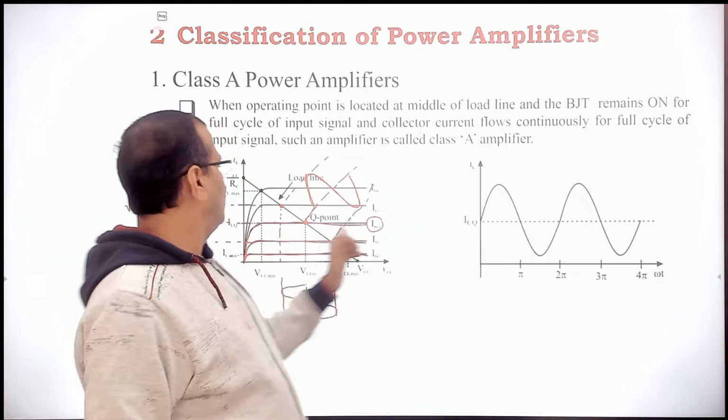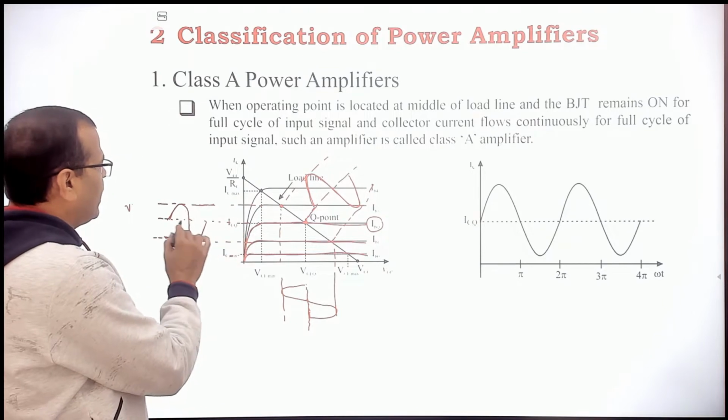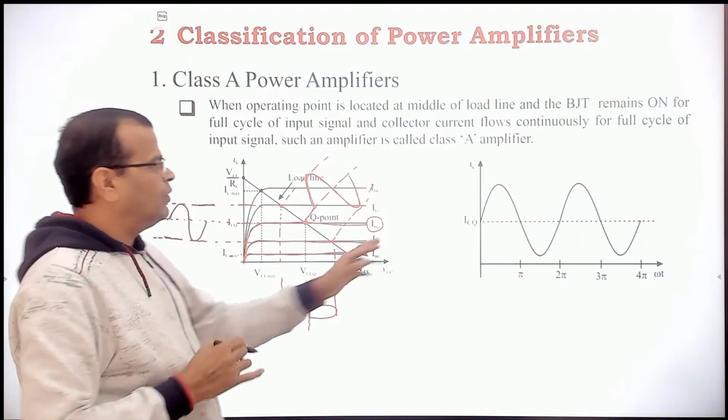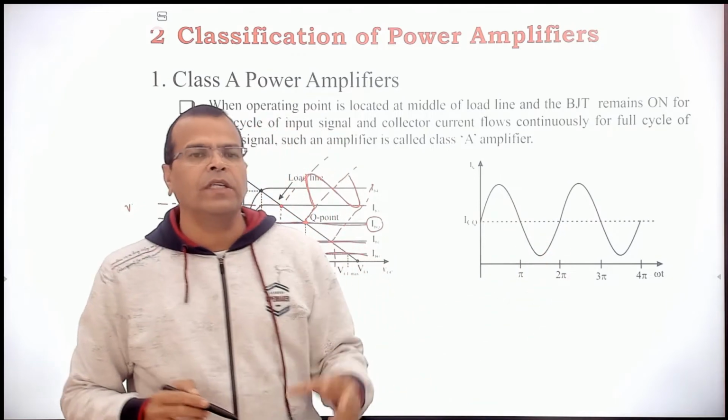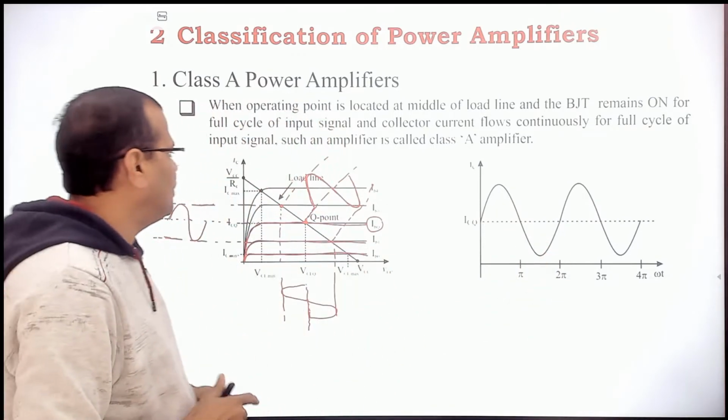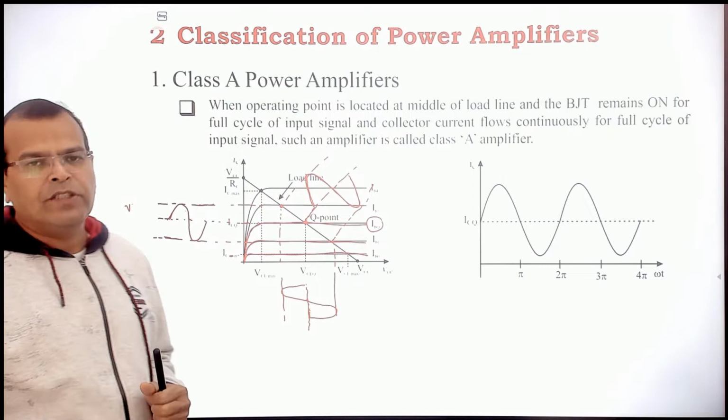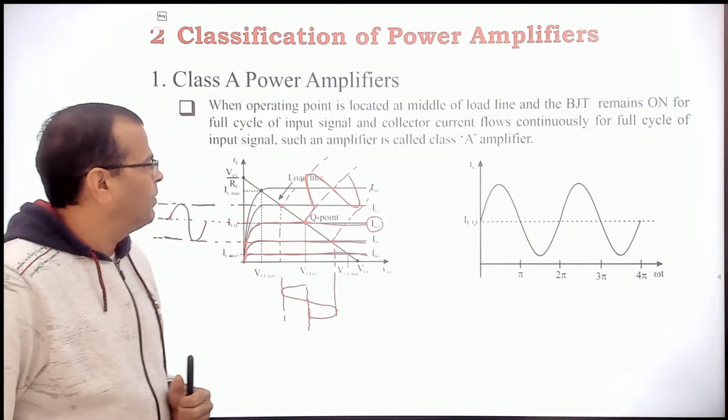So this is ICQ, and the collector current is varying about ICQ. That is how we have the variation in current in the case of the class A amplifier.